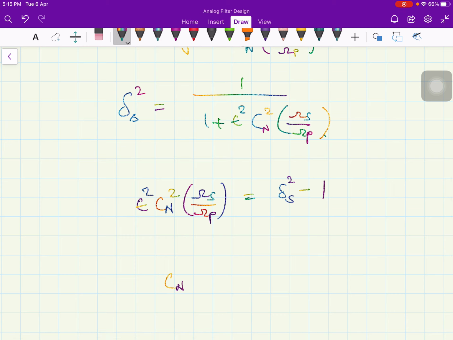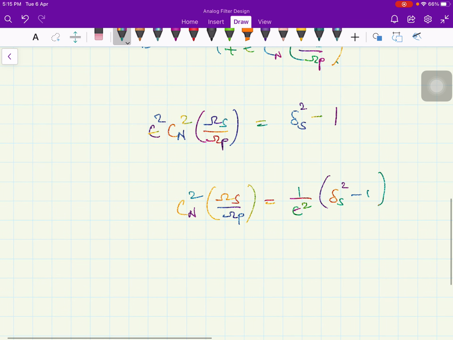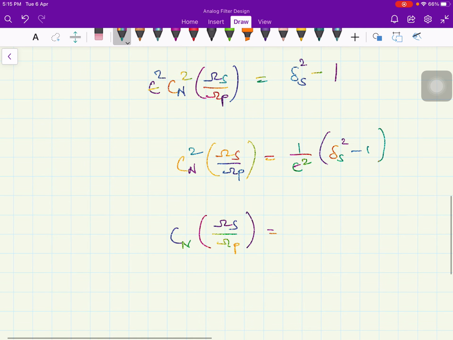So Cn squared of omega s by omega p is equal to 1 by epsilon squared times 1 by delta s squared minus 1. Therefore Cn of omega s by omega p is 1 over epsilon times square root of 1 divided by delta s squared minus 1.